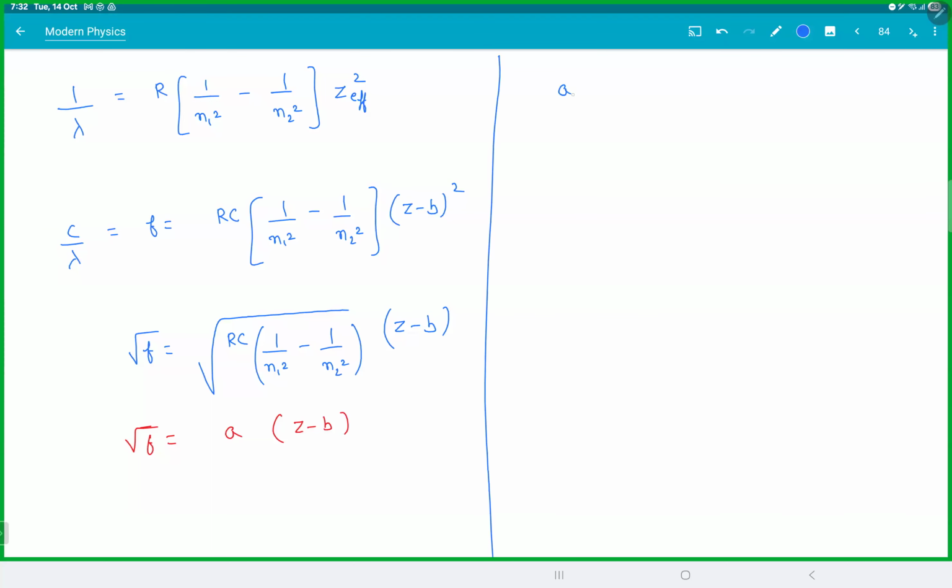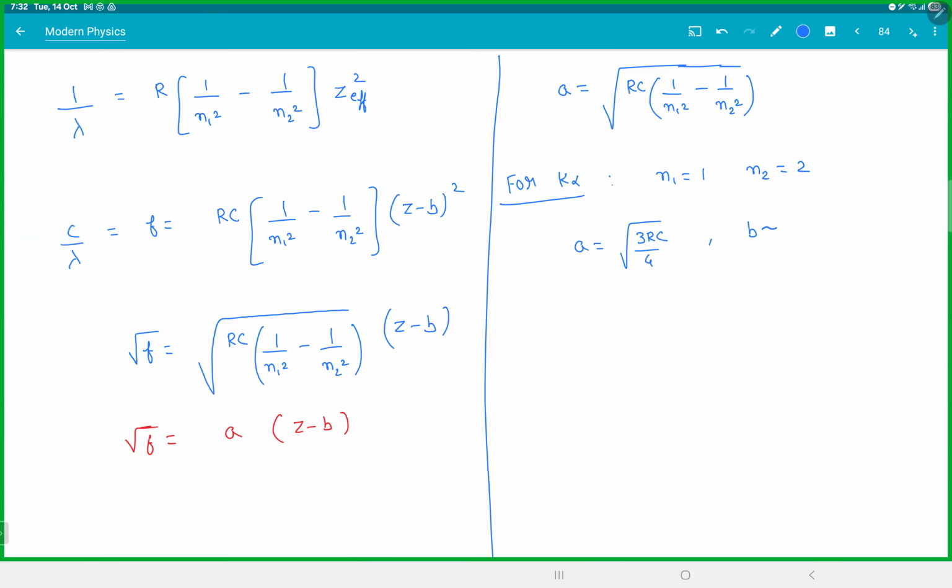So the A value is root over Rc into 1 by n1 square minus 1 by n2 square. So this A constant will depend on the electronic transition from which orbit to which orbit. That B is your screening constant. So for example, if you take K alpha, you are jumping, n1 is 1 and n2 is 2. A value will be root over 3Rc by 4.